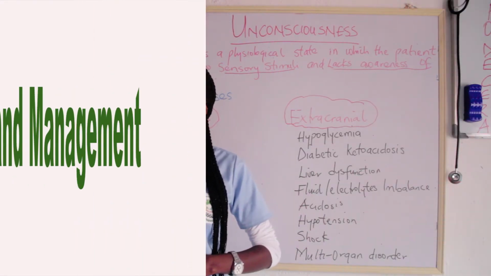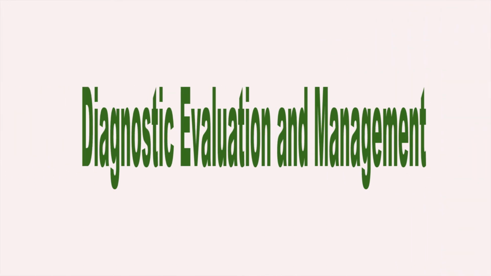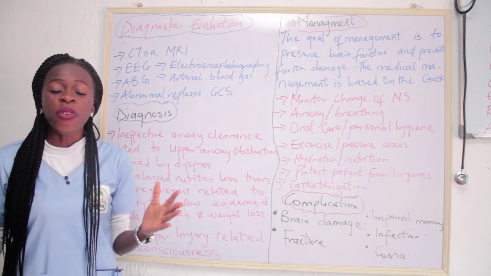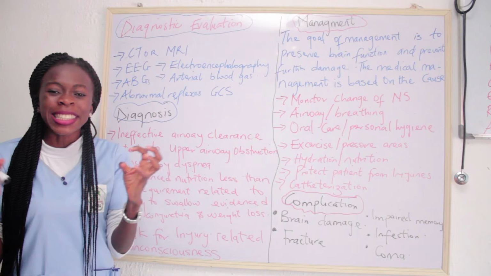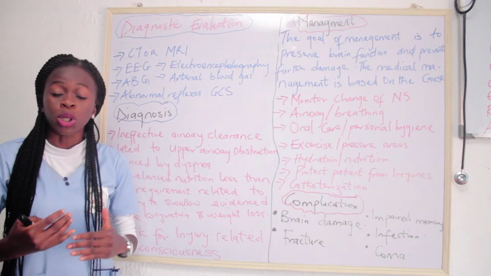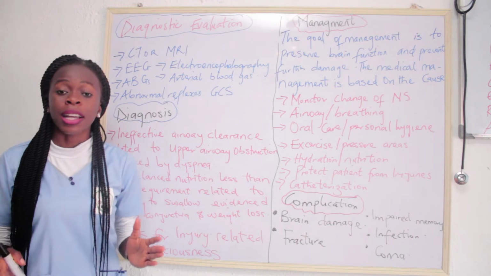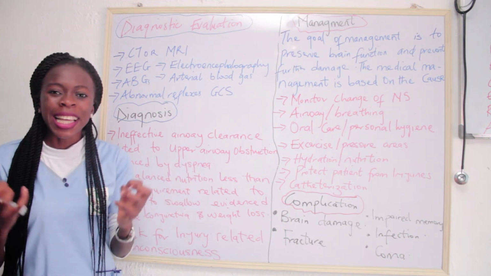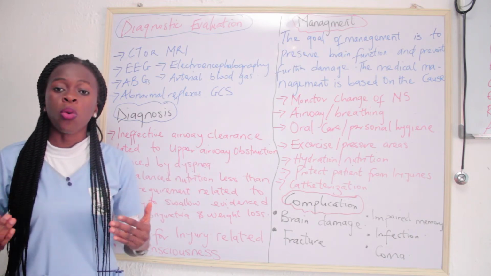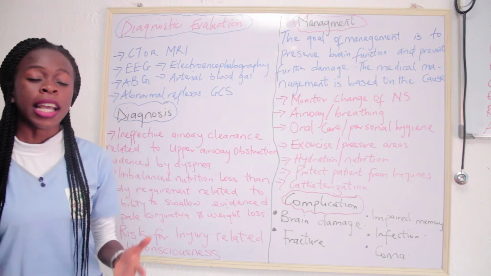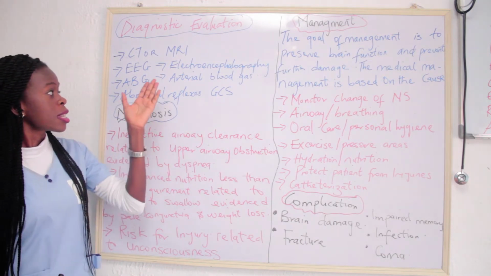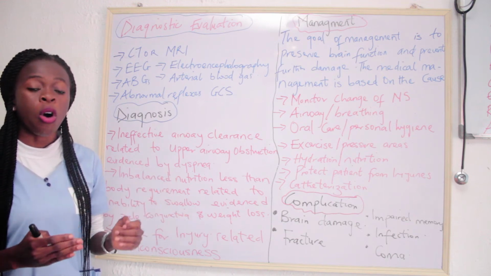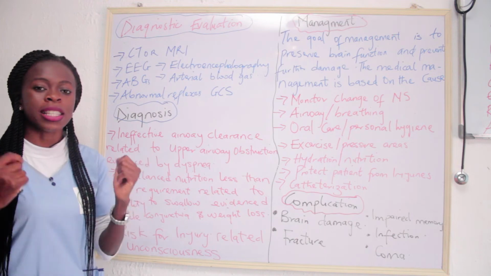Then that takes us to the diagnostic evaluation for unconsciousness. When we say diagnostic evaluation, we simply mean the various approaches used to gather clinical information to make a clinical diagnosis. The examples we have on the board are CT scan or MRI, computed tomography or magnetic resonance imaging.